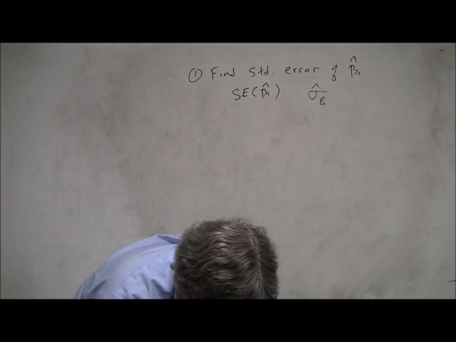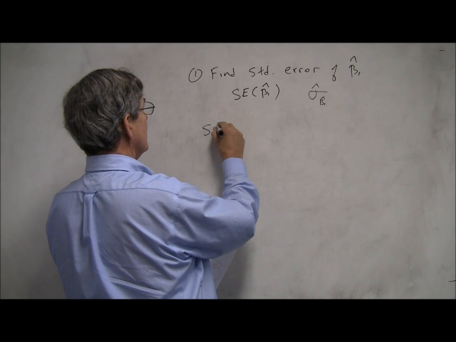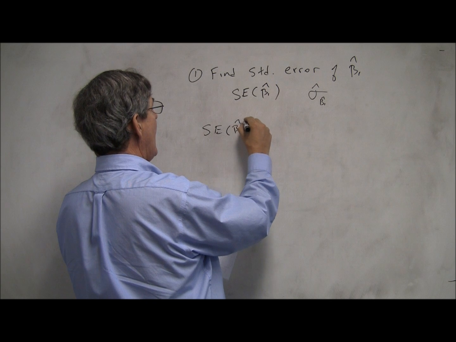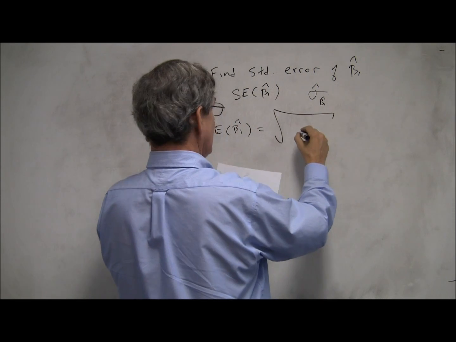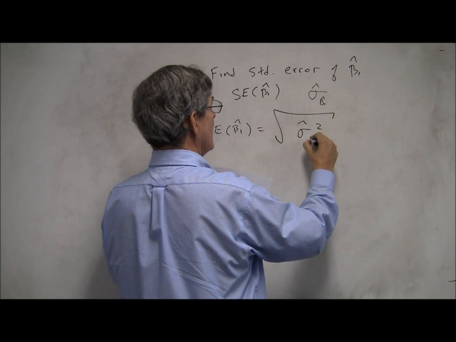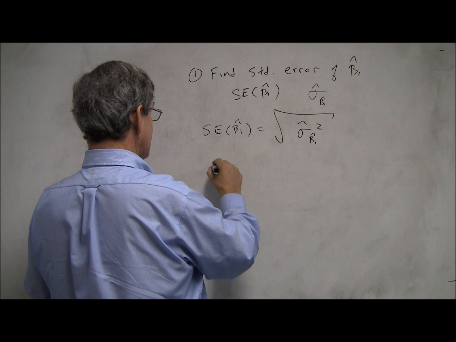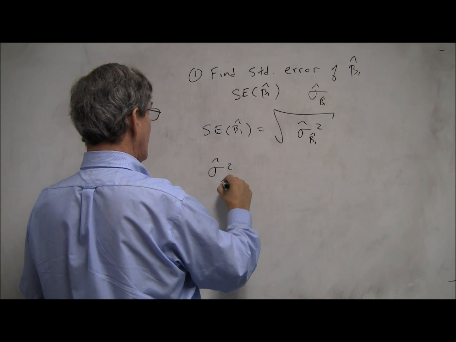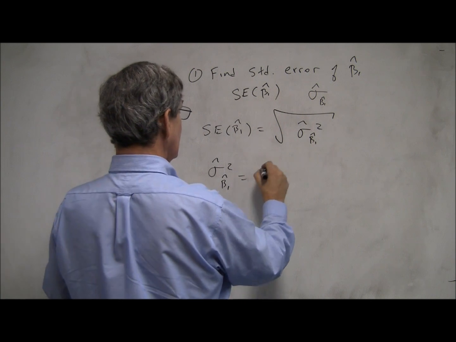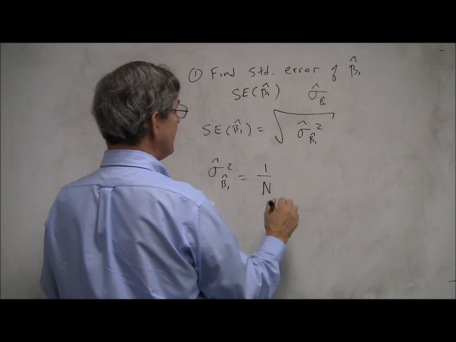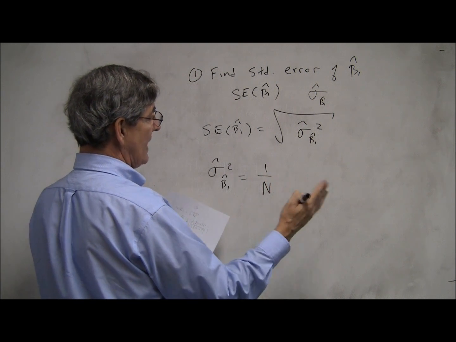Once we have that, well, in this case, the standard error of beta 1 hat in the two-variable case is the square root of sigma hat squared beta 1 hat. This is the variance of the estimator beta 1 hat. We gave this formula in terms of expected values in the last chapter.